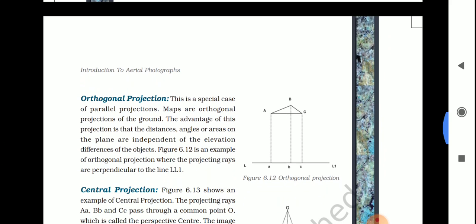Then we have orthogonal projection. This is a special case of parallel projection. Maps are orthogonal projections of the ground. The advantage of this projection is that distances, angles or areas on the plane are independent of the elevation difference of the object's figure. You can see 6.12, orthogonal projection.